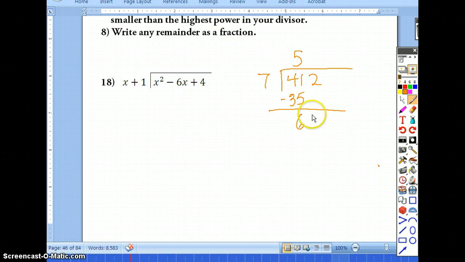And then you bring down the next digit. And then you would continue the process. 7 goes into 62 8 times. 8 times 7 is 56. And then you subtract and you get a remainder that is less than the number you are dividing by.